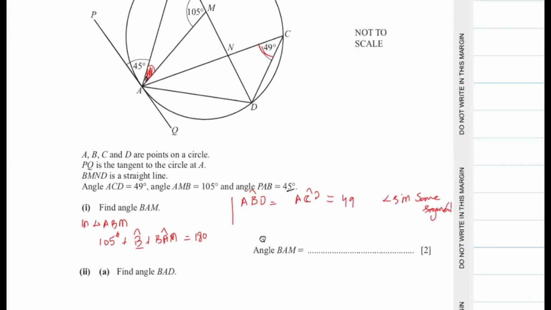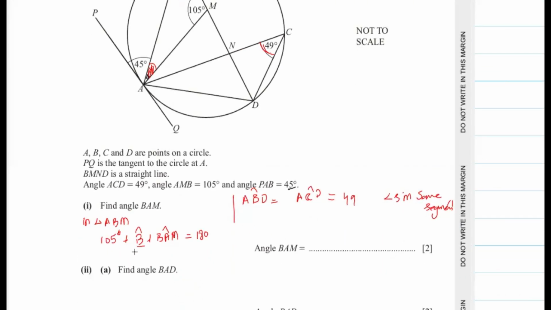Look here, this angle ABD equal to angle ACD because these two angles are angles on the same segment. Therefore, this will be equal to 49. Write the name of the property, angle in same segment, and this will be the 49-degree angle.